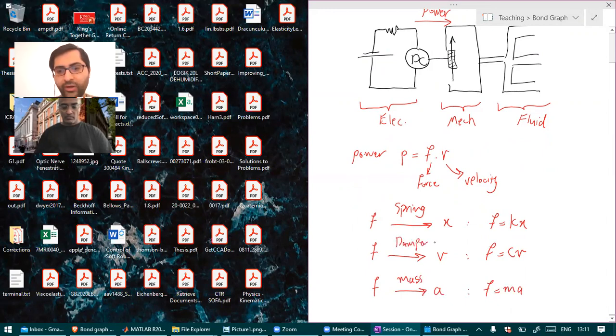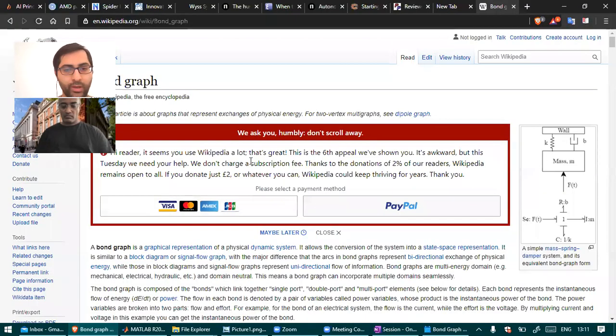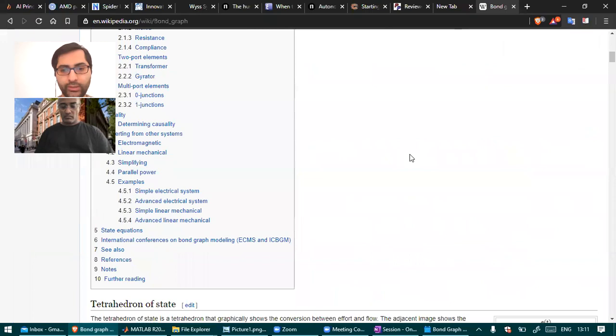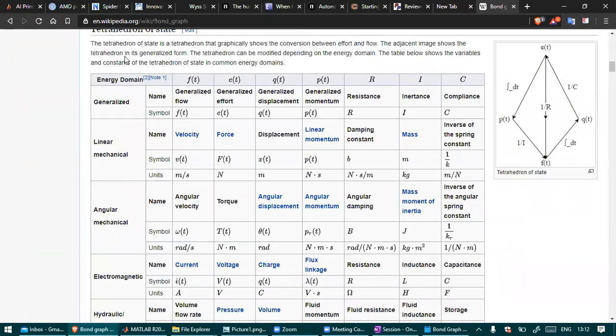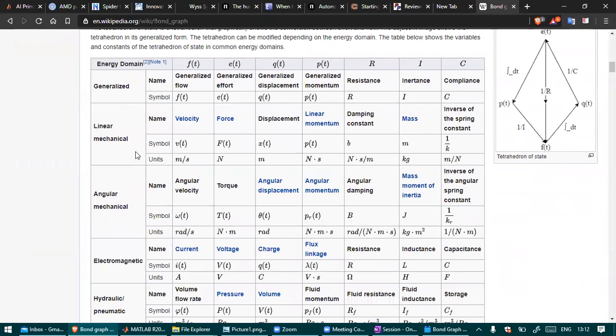feature of a bond graph is we can reduce any system element, regardless of the nature of that system, through three types of elements. So keep these two in mind. I'm going to scroll this very good table in the Wikipedia page on bond graph.